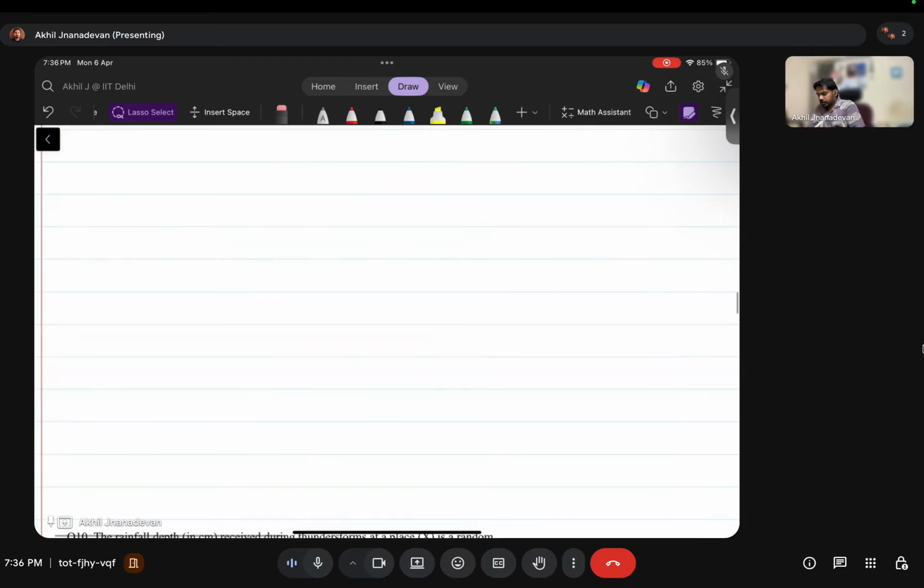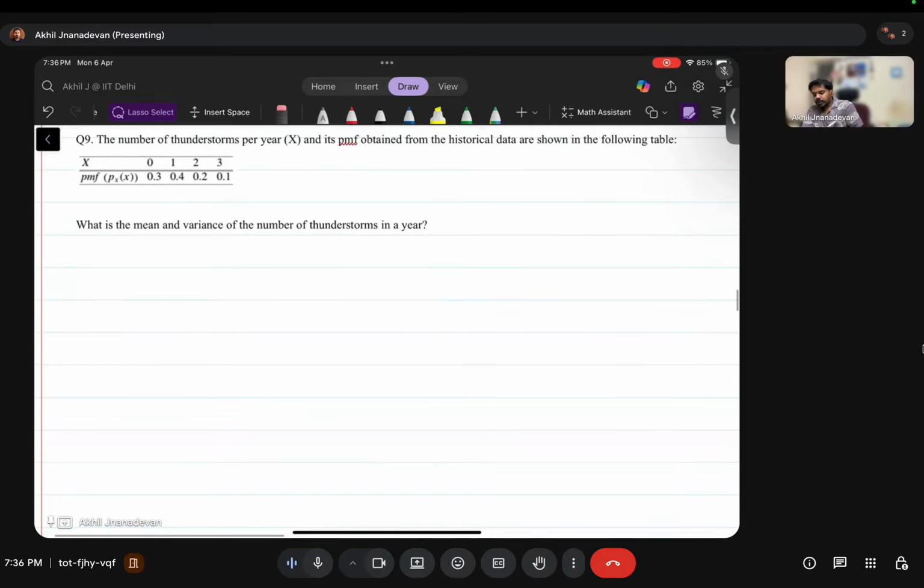That is the expectation of X. So we will be given the PMF, and we need to find the mean and variance of X. Basically, X is nothing but the number of thunderstorms, right?